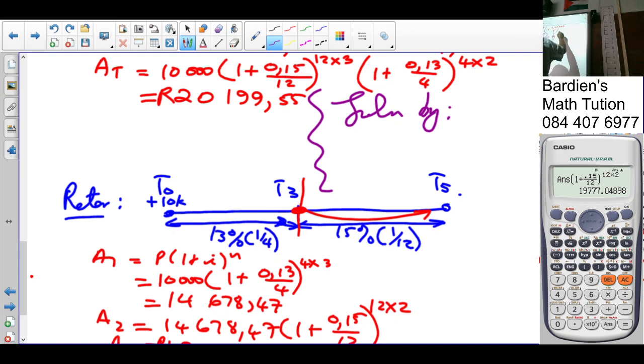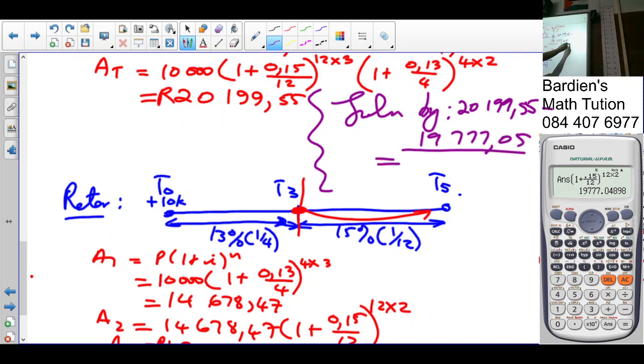It will be 20,199.55 minus 19,777.05, which gives 422 Rand and 50 cents.